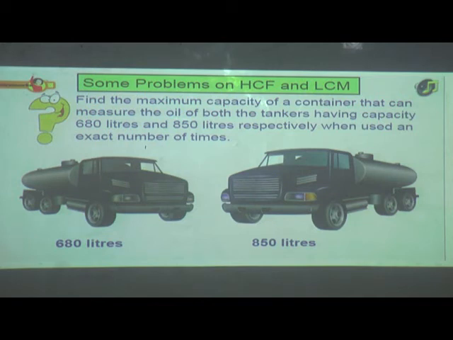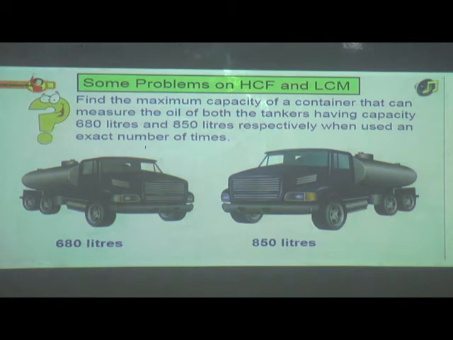Find the maximum capacity of a container that can measure the oil of both the tankers having capacity 680 liters and 850 liters respectively when used an exact number of times. See students, now we have to find the maximum capacity of a container that measures the oil of both tankers.